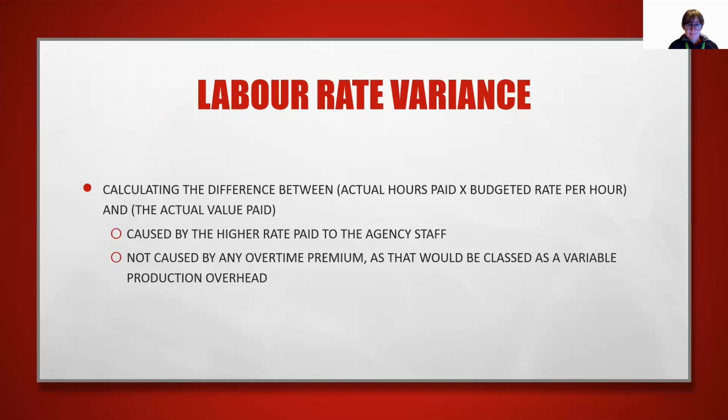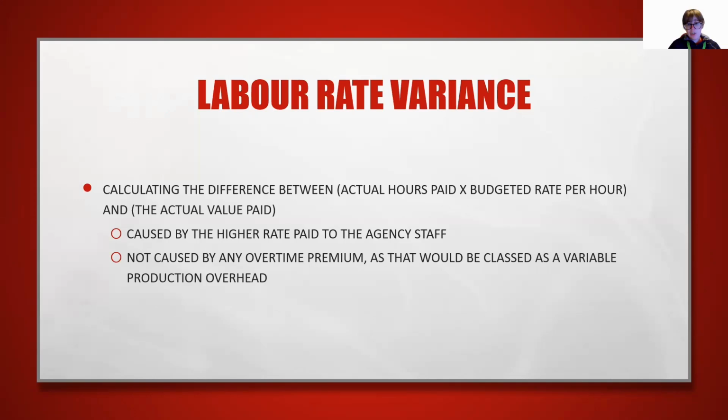Labour rate variance. This is essentially the difference in how much we have paid our staff compared to how much we had budgeted to pay our staff. So if we think about reasons why this could be the case, perhaps we overpaid our staff because we've had to get agency staff in. They cost a little bit more than our standard staff who are perhaps running sick for whatever reason.